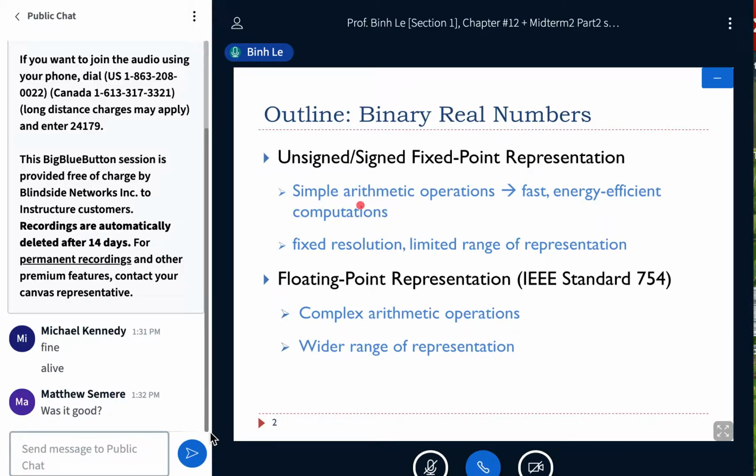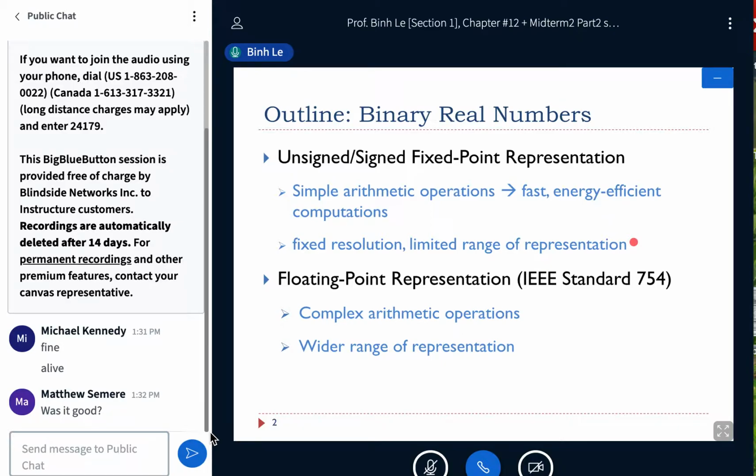So we try to use fixed point here to reduce the energy consumption, and it is very fast too. However, the resolution is not that good, and it has a limited range, for example from 0 to 2000 or whatever.